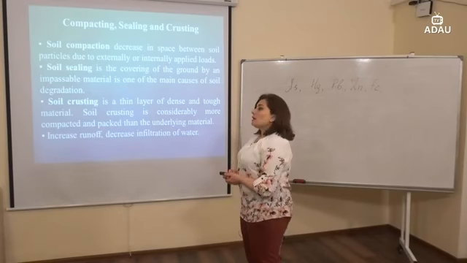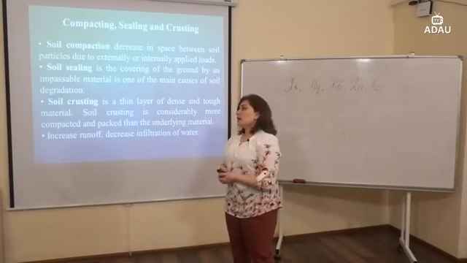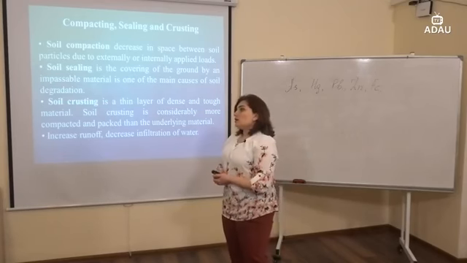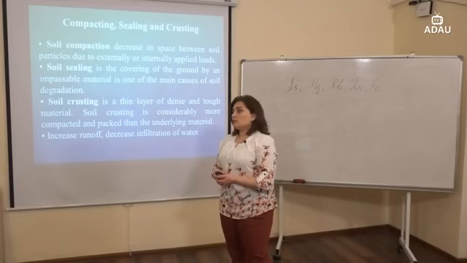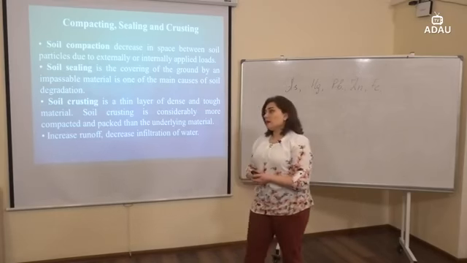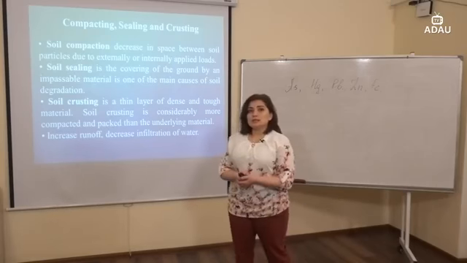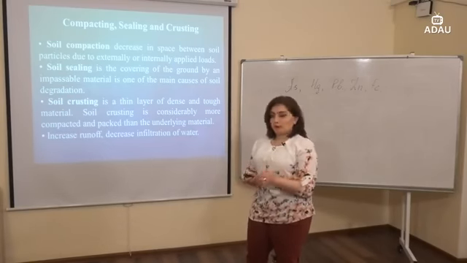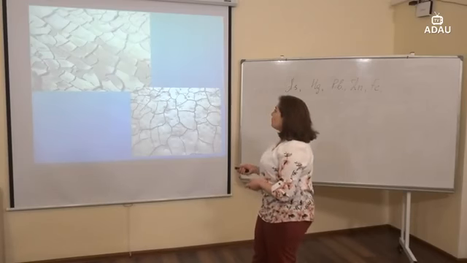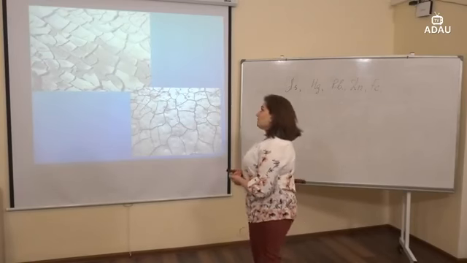Soil crusting is a thin layer of hard and tough material. Soil crusting is considerably more compacted and packed than the underlying material, and it increases runoff and decreases infiltration of water. That is sealing and crusting.